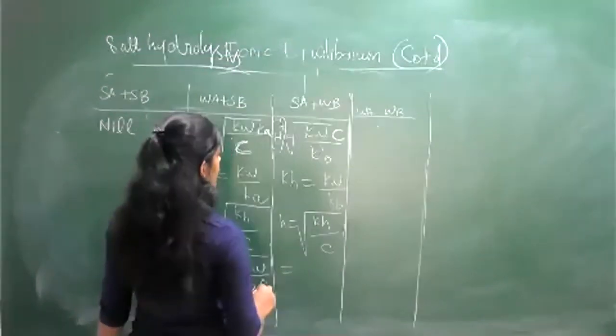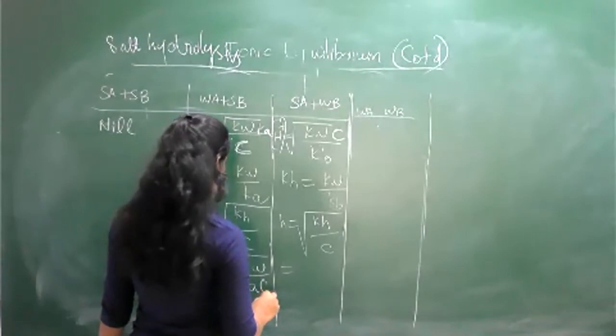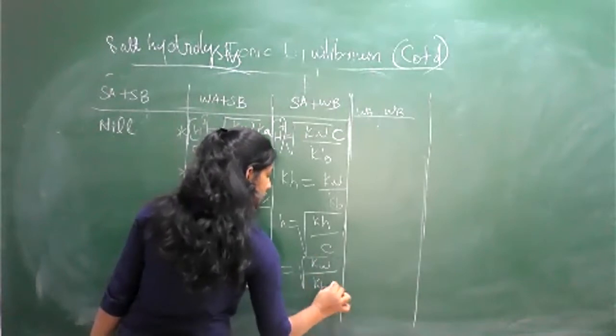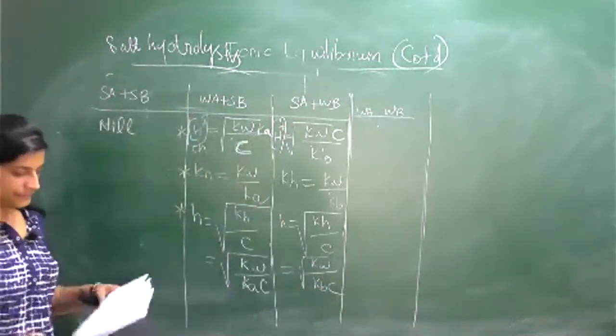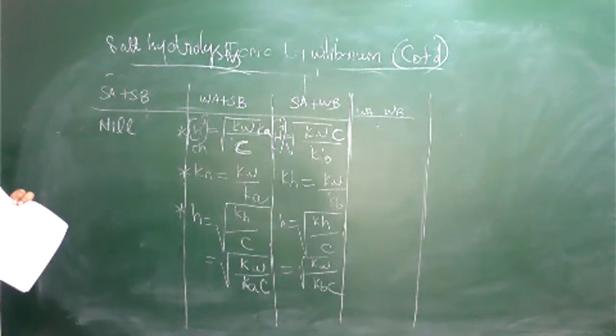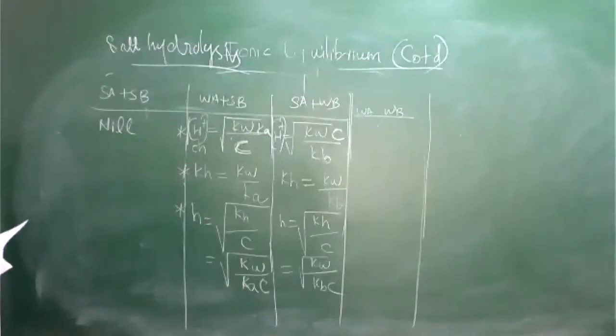Then we can substitute Kw divided by Kb into C. Last one, weak acid, weak base. Okay.